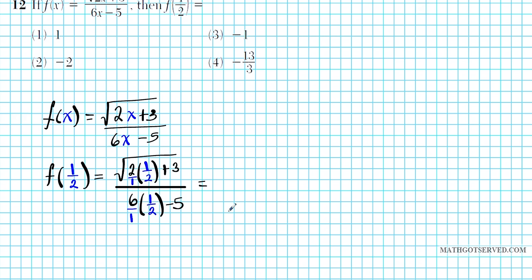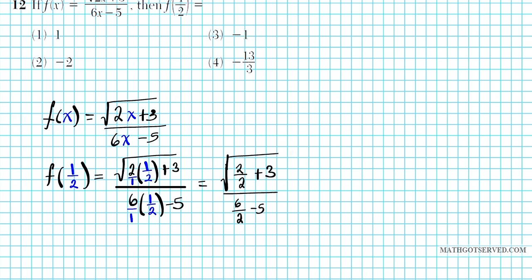All right, now how do you multiply fractions? Numerator multiply with the numerator and denominator with denominator. Okay, so we're just going to have the square root of 2 times 1 is 2 over 1 times 2 is 2 plus 3 divided by, downstairs, 6 times 1 is 6 over 1 times 2 is 2 minus 5. Okay, let's go ahead and simplify further.